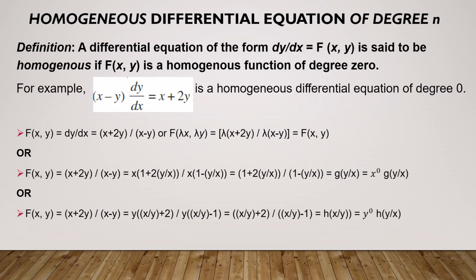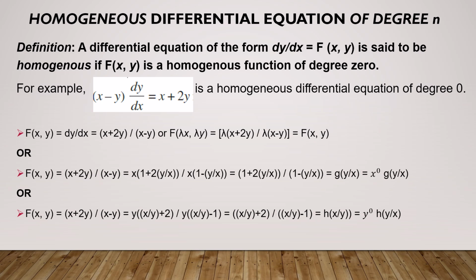So now, for a homogeneous differential equation. You know that a differential equation is of the form dy by dx is equal to some function f of x and y. This is said to be homogeneous if f of xy is a homogeneous function of degree 0. We have just now seen what a homogeneous function of degree 0 is. So now let us see an example: x minus y, dy by dx is equal to x plus 2y.